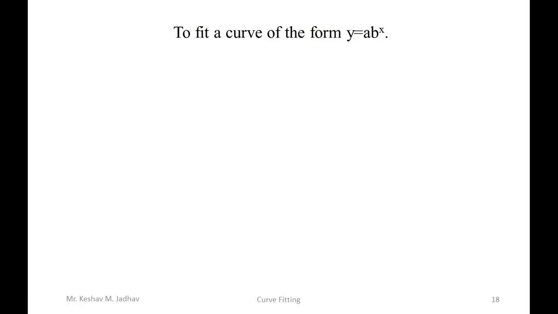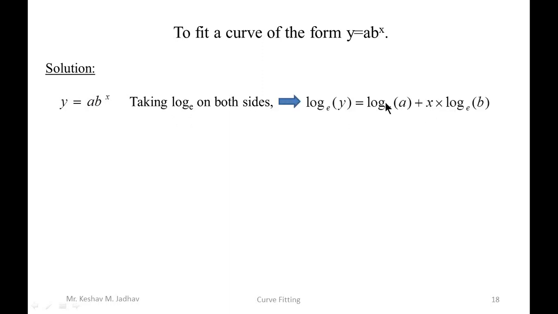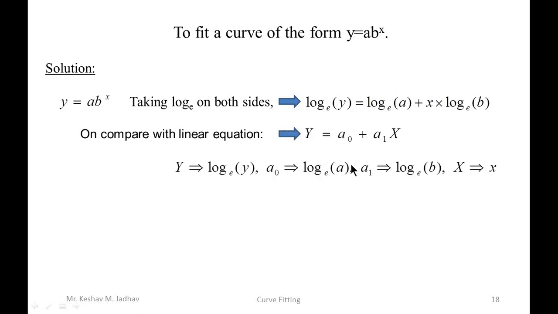Now there can be different form of power equation. So if we have to fit the power equation of the form y is equal to a into b raised to x, then we can solve this type of example by using similar procedure. So we can take log on both sides. So if we take log on both sides, we will get this equation, and if we compare with standard linear equation, then we will get relations between capital Y and small y, a0 and a, then a1 and b, and capital X and small x.